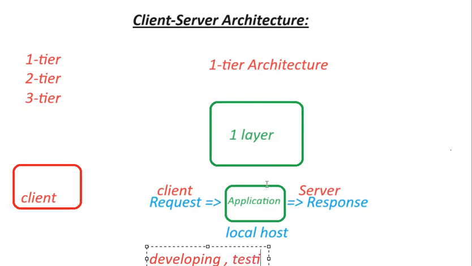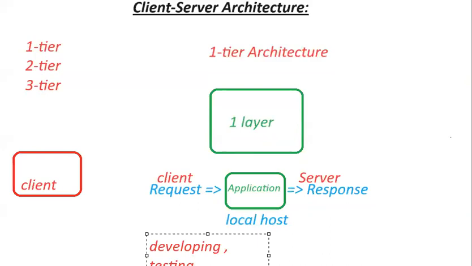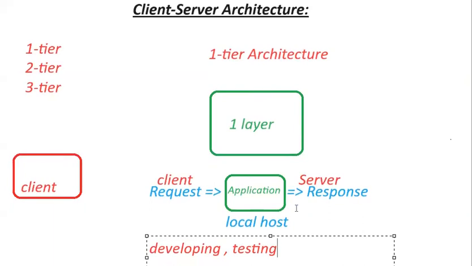For testing of simple applications also, it is sufficient. Now coming to production or business, is single tier architecture suitable? No, because the client is unable to access my application. So this is not suitable for my production environment.